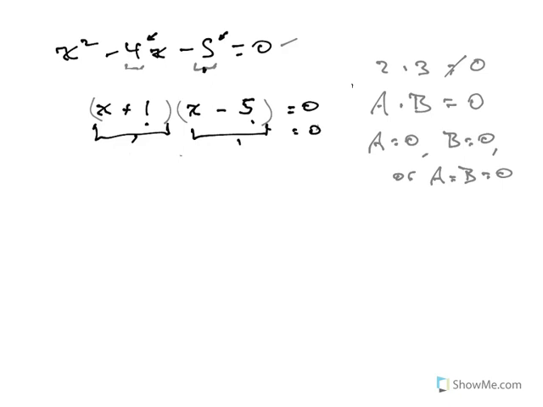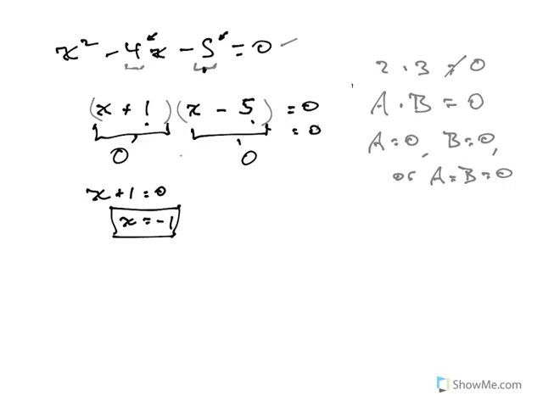So we do the same thing here. X plus 1, that's like our a, so either x plus 1 is equal to 0, or x minus 5 is equal to 0. And so we look at each one individually. We say, okay, x plus 1 is equal to 0. When is this true? I bring the 1 over to the other side. That's true when x is equal to negative 1.